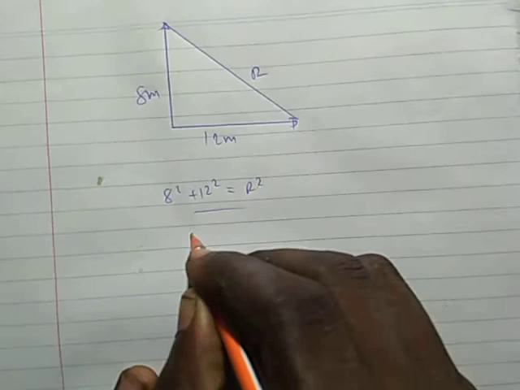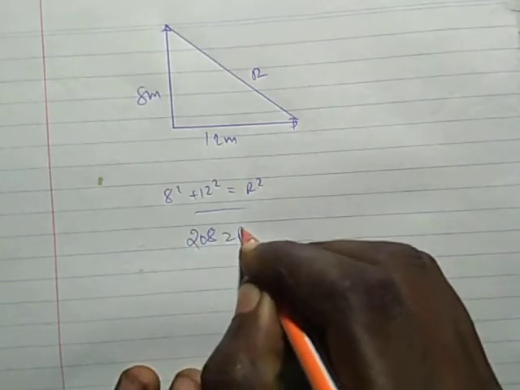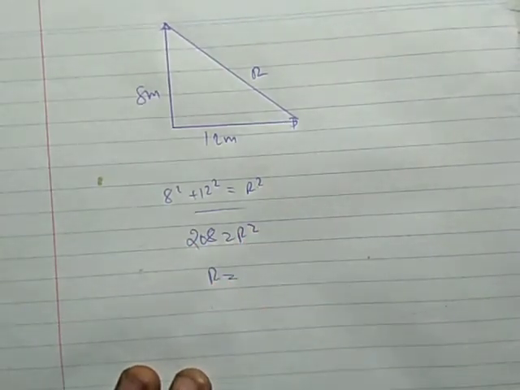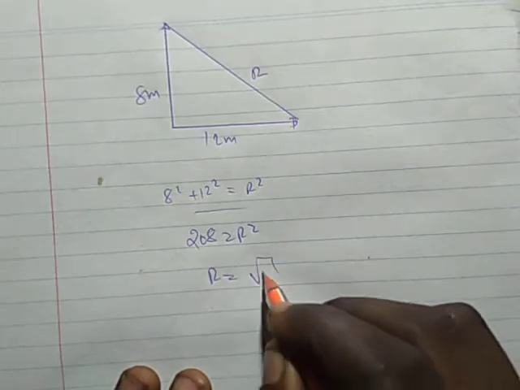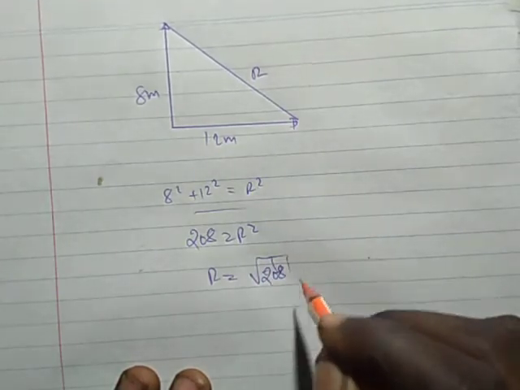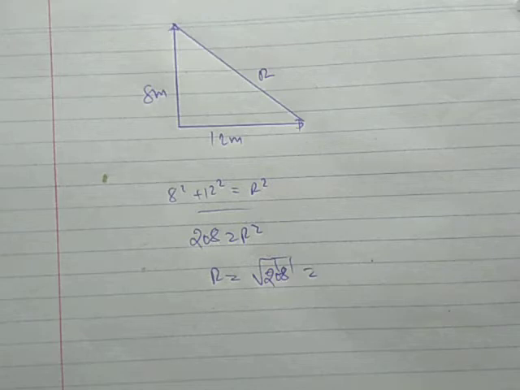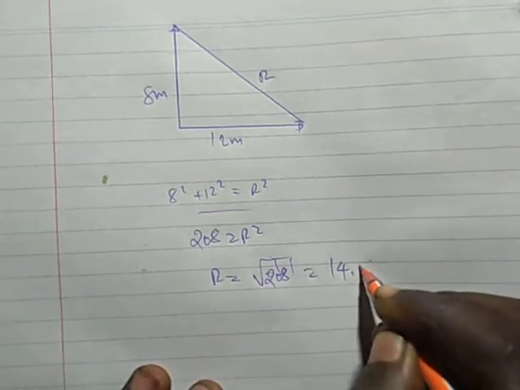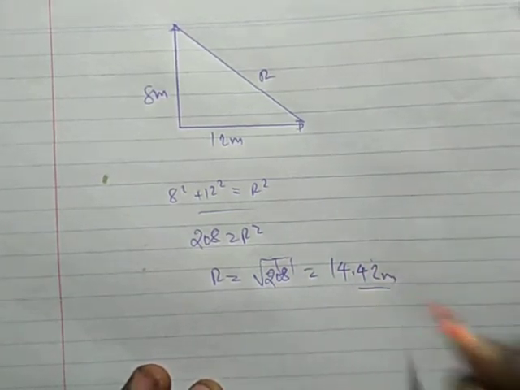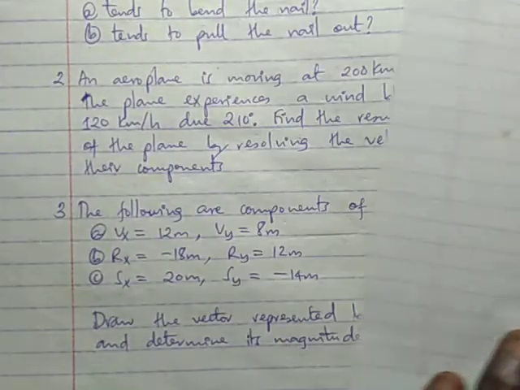So 208 is equal to r square. R will be equal to the square root of 208, which is 14.42 meters. Hivyo ndivyo ambavyo tunapata resultant vector.